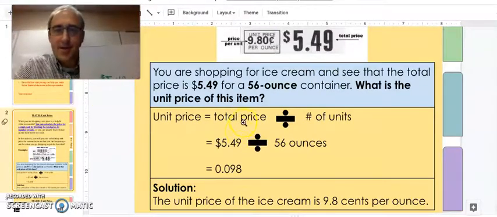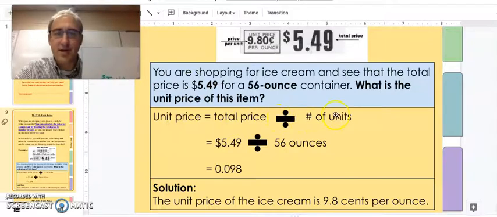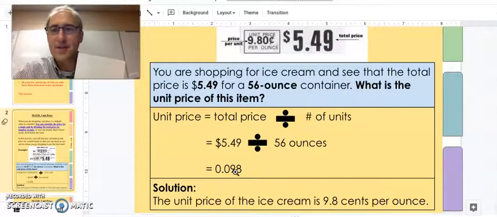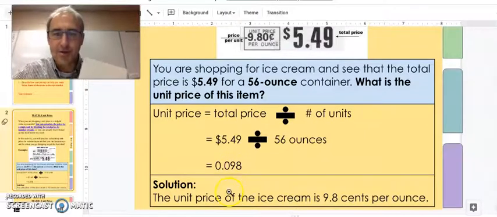So you're going to take the total price, division sign, number of units. That comes out to 9 cents. We're going to round that probably up to about 10 cents because that 8 rounds the 9 up to 10 cents. The solution, the unit price of the ice cream is 9.8 cents per ounce.